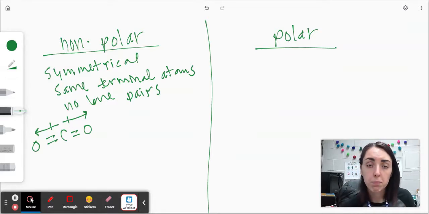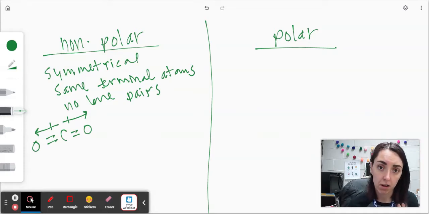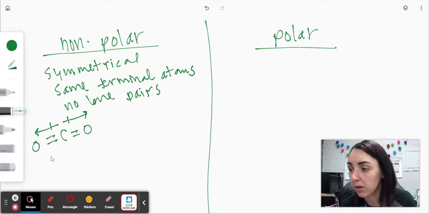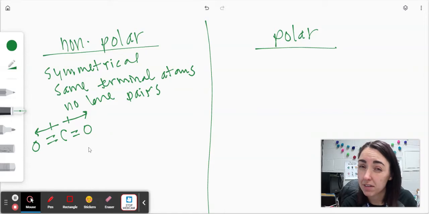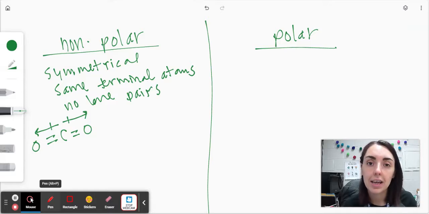The oxygen will be slightly more negative than the carbon, but you can see they cancel each other out. It's a symmetrical shape. So even though there's definitely an uneven distribution of electrons in the bond, the whole molecule cancels out.